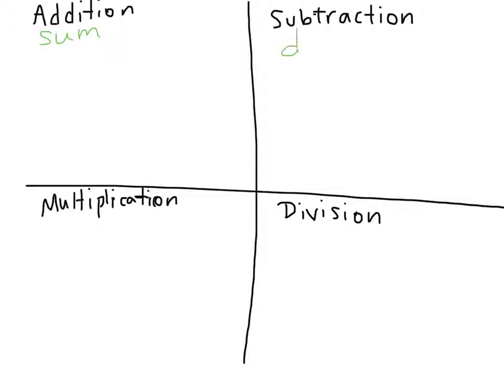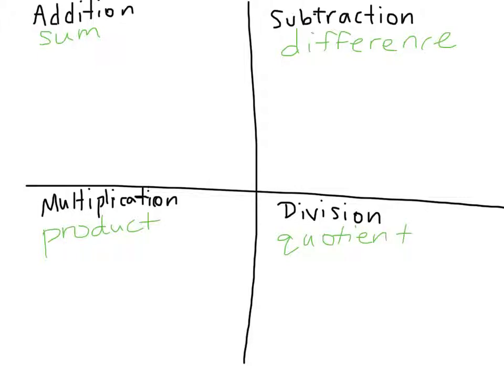For subtraction, the answer is called the difference. For multiplication, it's called the product. And for division, it's called the quotient. Those 4 words are very important that you know and that you understand which one goes with which. Okay, now let's talk about addition.